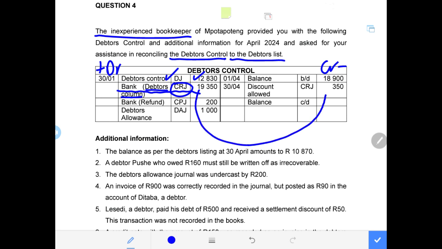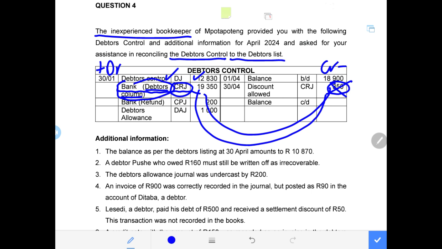What will be the description? The description will be bank and discount. Remember, it will be bank and discount because the column of debtors control in the cash receipt journal is the amount that includes discount. So this discount of 350 is already included in here. We are supposed to just ignore this, not take it into account, because we'll be starting from the opening balance.